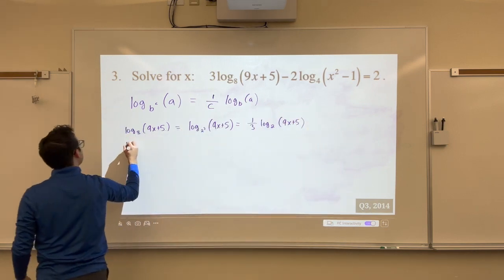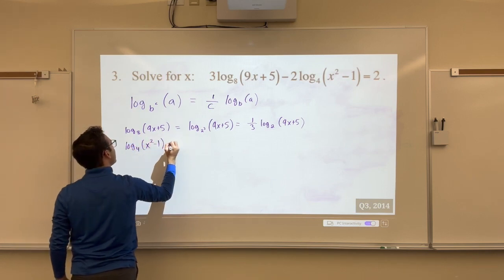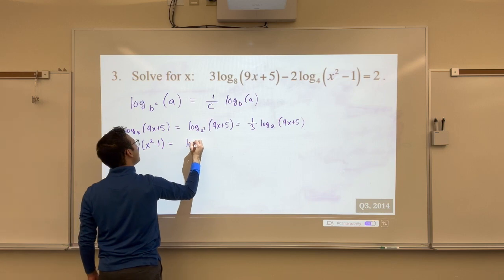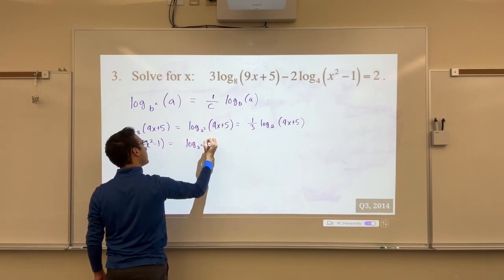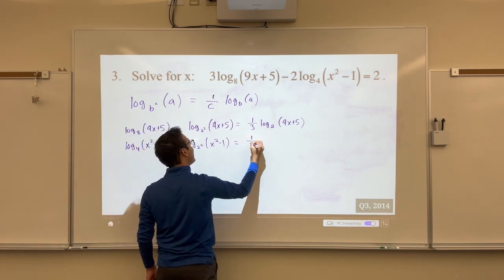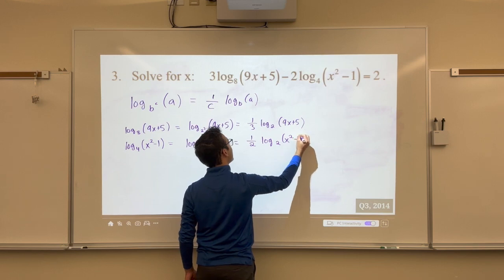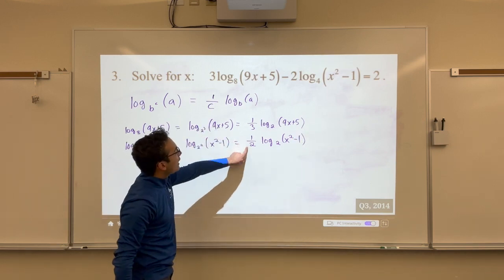We'll say that the log base 4 of x squared minus 1 is equal to log base 2 squared of x squared minus 1, which is equal to 1/2 log base 2 of x squared minus 1. Now we have a 1/2 here.